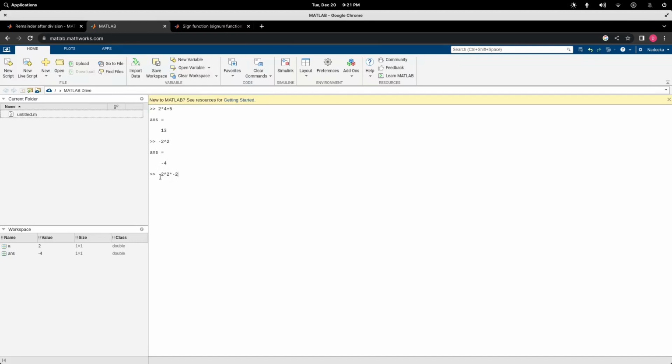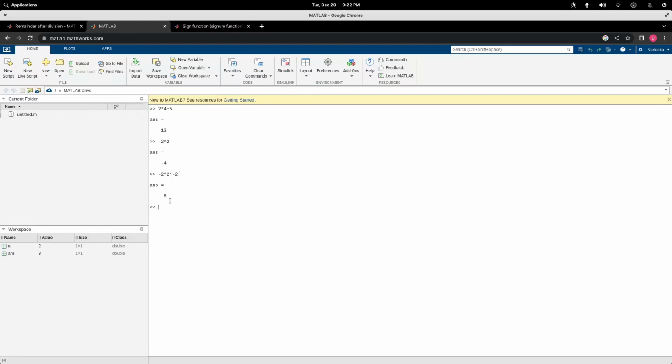This is not subtraction, because it is with one element, it's negation, so this will become negative 4, and negative 4 times negative 2 is positive 8, sorry. So again, first it will take the exponent, it becomes 4 times negative 4, and negative 4 times negative 2 is 8.